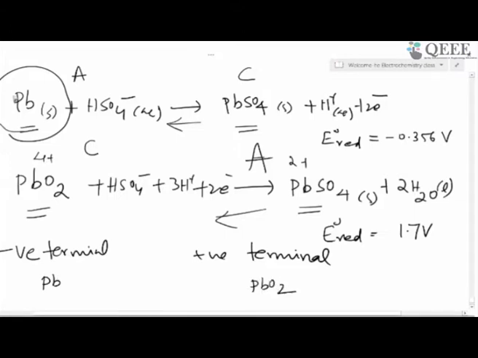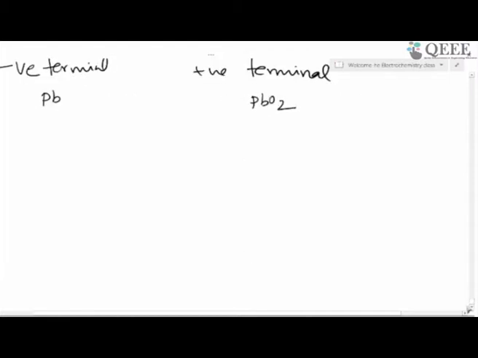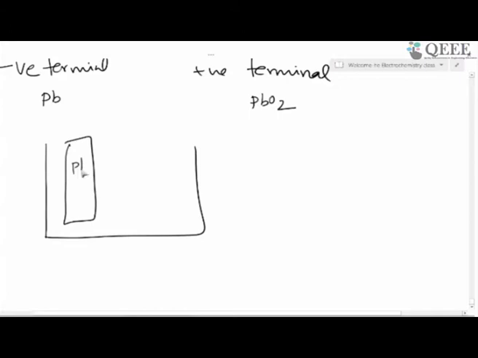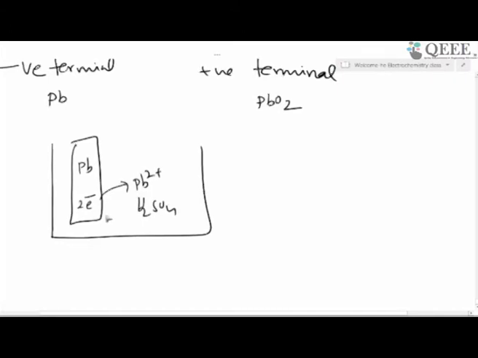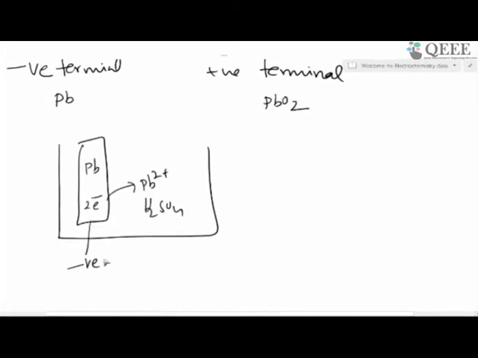Why is it? Because when the lead undergoes oxidation in the sulfuric acid solution, it goes out as lead sulfate, Pb2 plus. The 2 electrons are left behind in the electrode. Now this electrode has an excess of electrons, right? So that's why it's called the negative terminal.